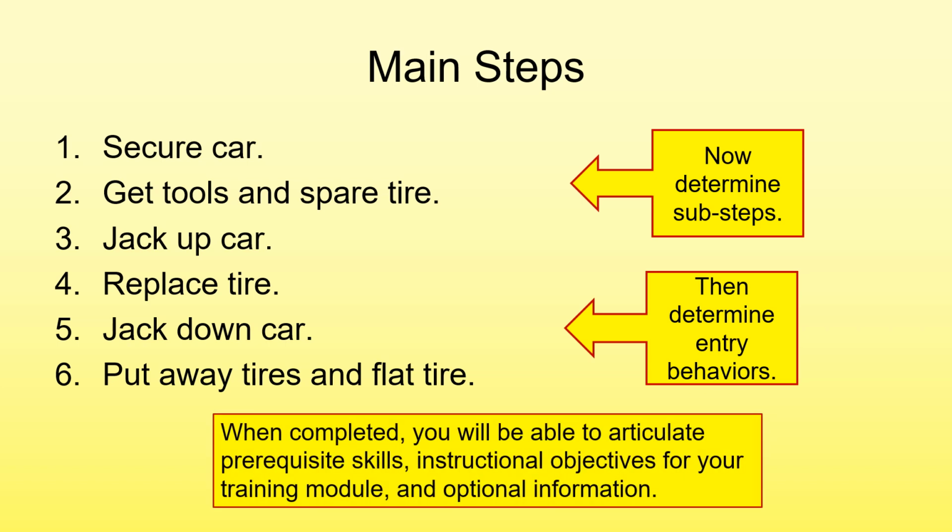When you're completed, you will be able to articulate the prerequisite skills, the instructional objectives, and also any options or additional material that could be covered, or maybe you won't cover it, or maybe you'll cover it in an additional optional module. As you can see, the task is much more complex than it appears at first glance.